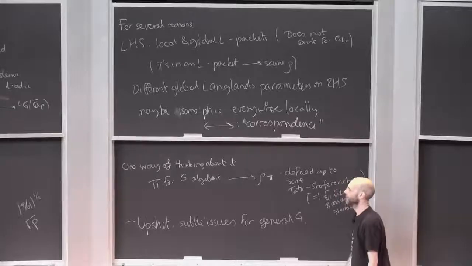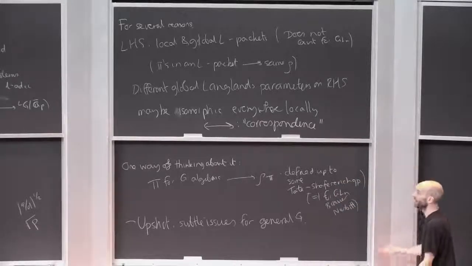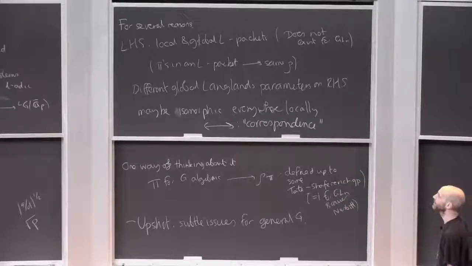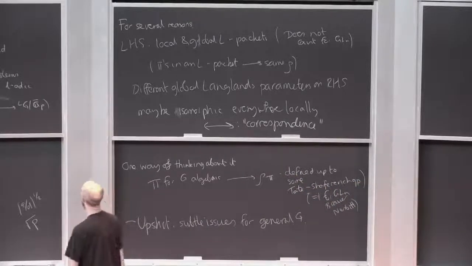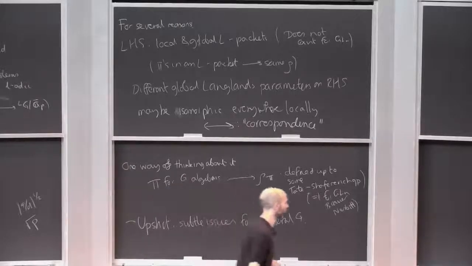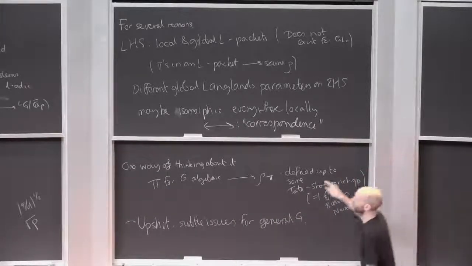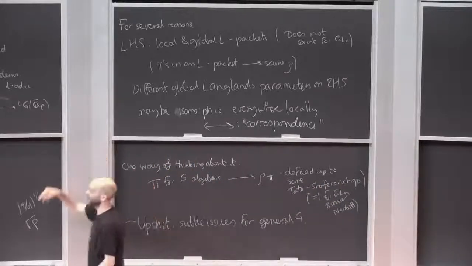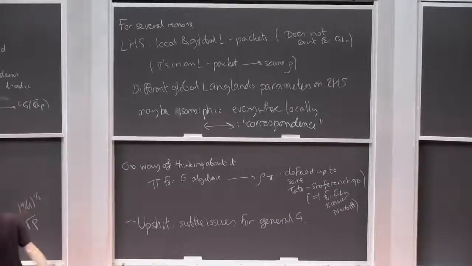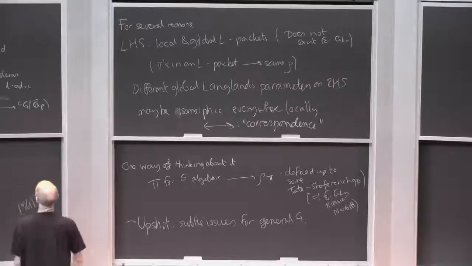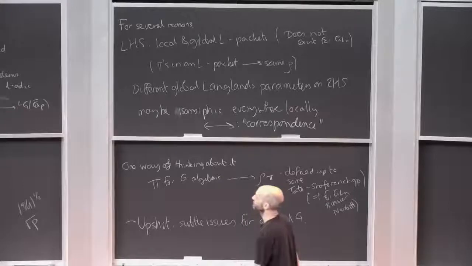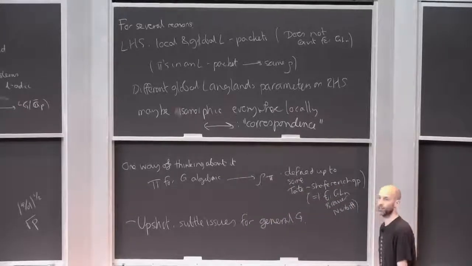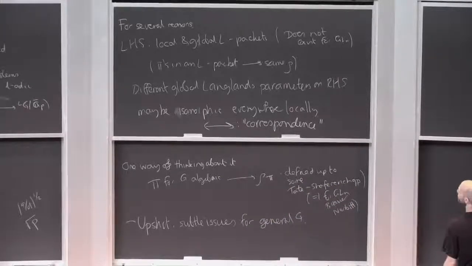This course is really, although I know something about general G, I wrote a paper on it, and the reason I wrote the paper was to try and understand what was going on. But let's forget general G. For general G, it's not quite a bijection, it's a correspondence. I don't quite understand how you can start going on about motives unless you understand motives with motivic group LG or something. So let's forget it.